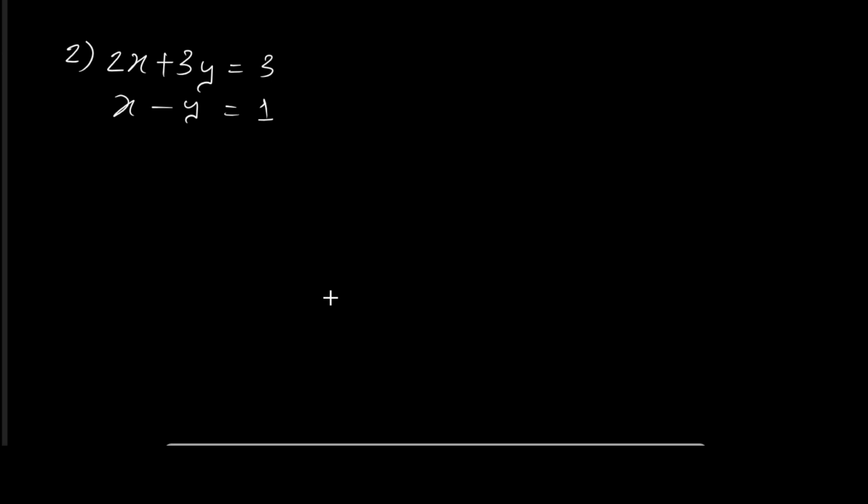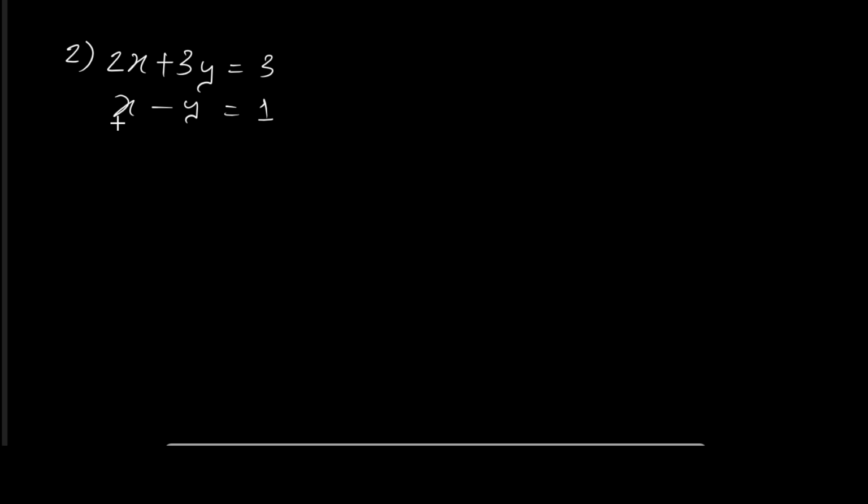In this example, adding both equations will not eliminate either x or y. So what can we do in such a situation? We can multiply the first equation by a constant to make the coefficients of either variable opposite. But before that, we need to decide which variable to eliminate, either x or y.